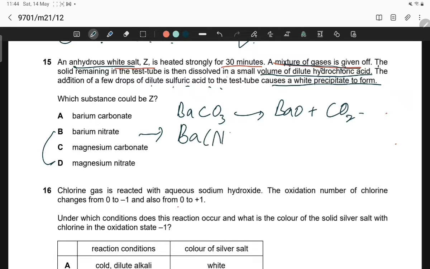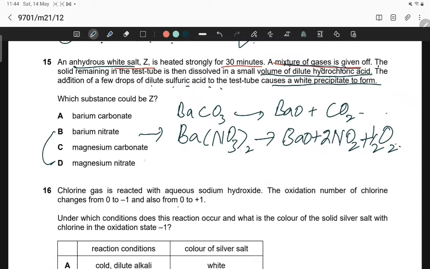Barium nitrate gives a mixture of gases: BaO plus NO2 plus oxygen gas, 2Ba(NO3)2 gives 2BaO plus 4NO2 plus O2. So this is a balanced chemical reaction. Magnesium carbonate again gives carbon dioxide, only one gas.